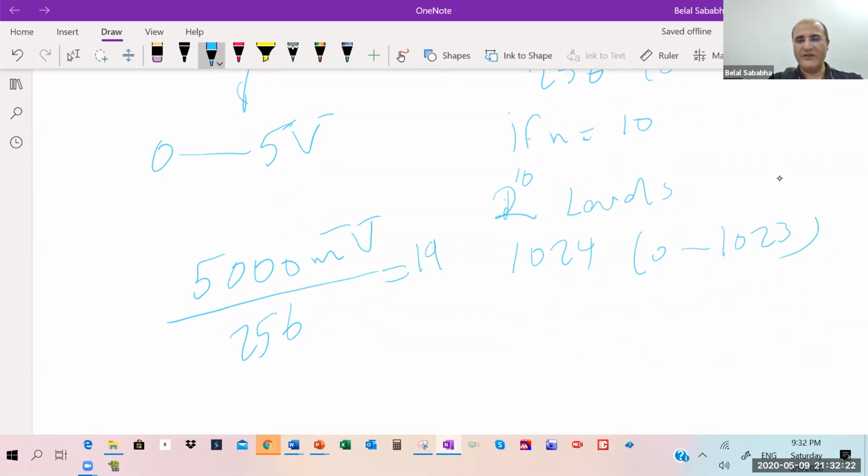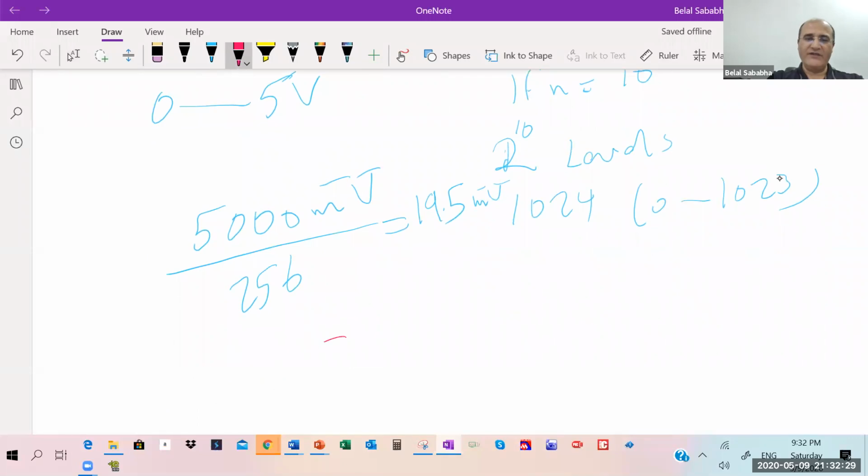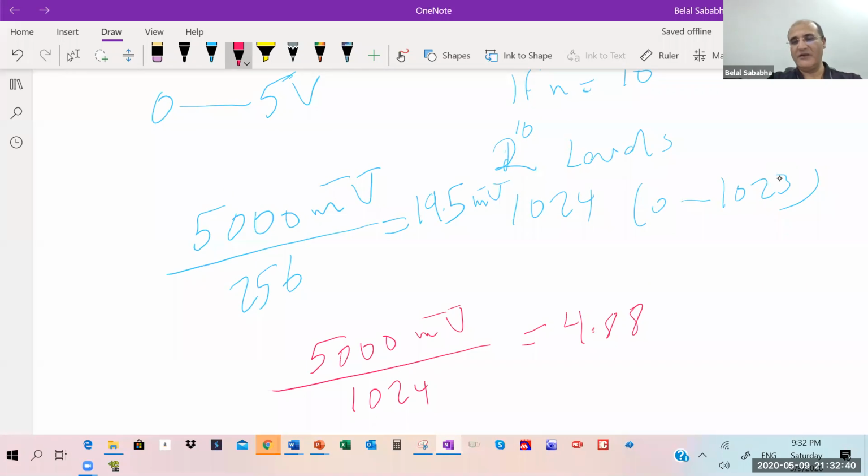I think it's 19.5 something millivolts. While if you divide 5,000 millivolts by 1024, this is about 4.88 millivolts. See?